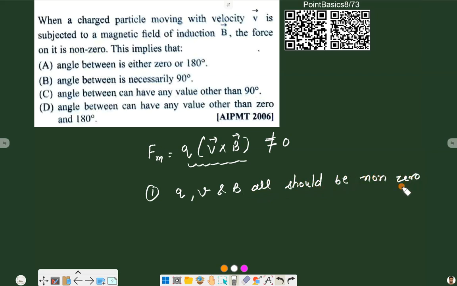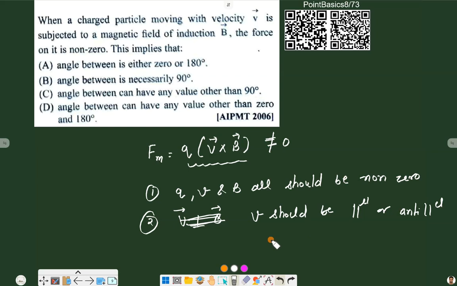And second condition, V should be perpendicular to B. Oh sorry, this is not the minimum or essential condition. The essential condition is that V should not be parallel or anti-parallel to B.